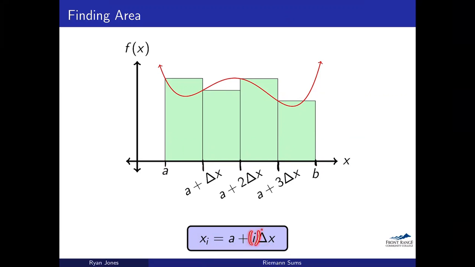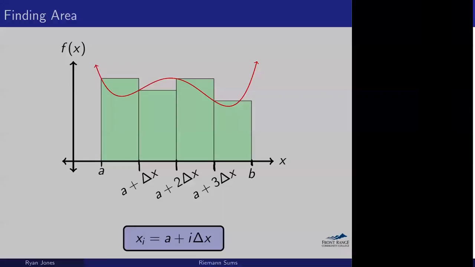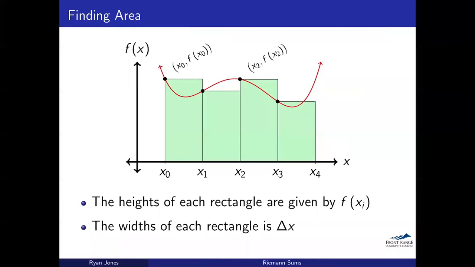So this is I multiplied by delta X. That's a multiplication right there. And then you end up getting X0, X1, X2, X3, and X4. And remember, what we said was that Xi is equal to A plus I delta X.